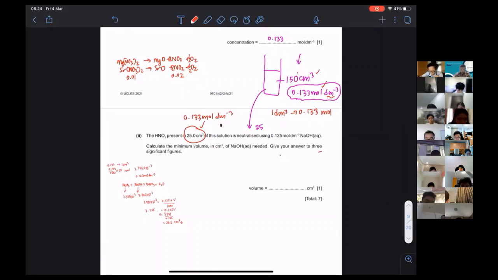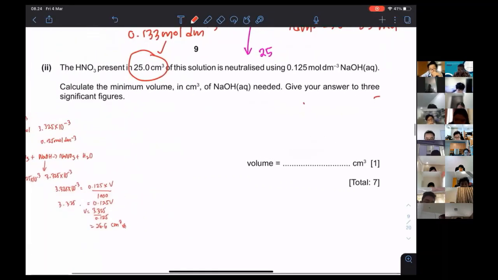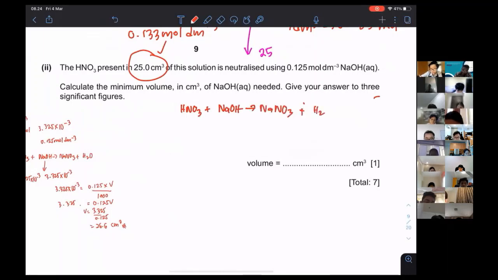Here they say that they are neutralized using sodium hydroxide. So first thing, you need to write down, this one is quite simple. Everyone should know this: NaNO3 plus H2O. I think they made it very simple.